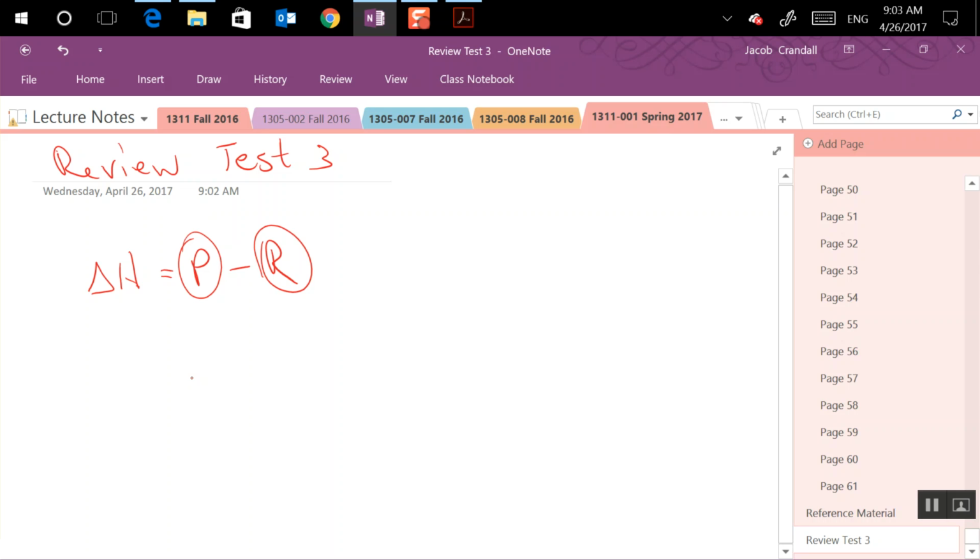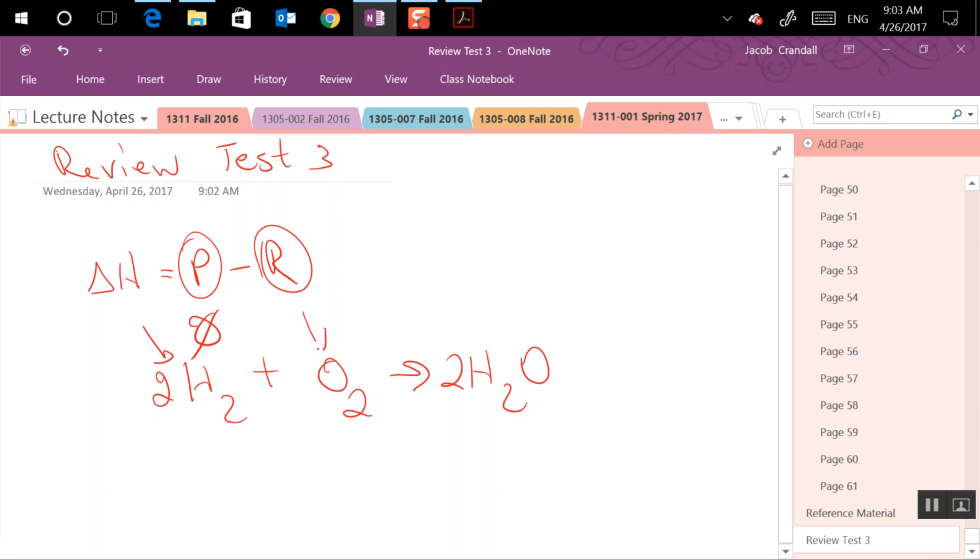So whenever the delta H of formation of an element that is in its elemental state is what? So what's the delta H of formation of hydrogen here? 0. Of oxygen? 0.